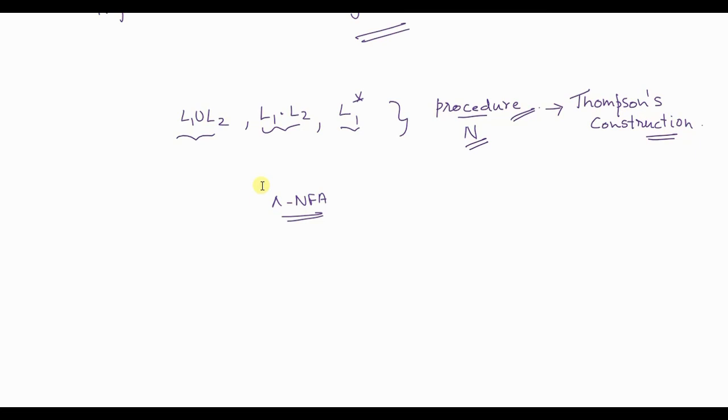One particular use of null NFA is using Thompson's construction mechanism. Null NFA can be used to design new languages. Languages of these types. So with this, I end the lecture. Thank you.